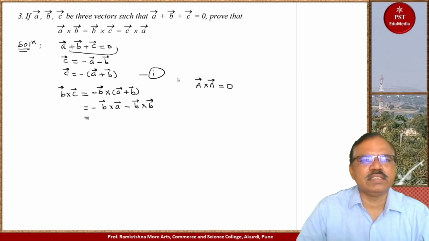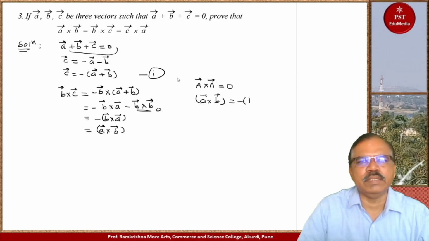So here this B cross B term will be equal to 0. So we get this as minus B cross A. Minus B cross A means you can write this as A cross B, because we know A cross B is equal to minus B cross A.